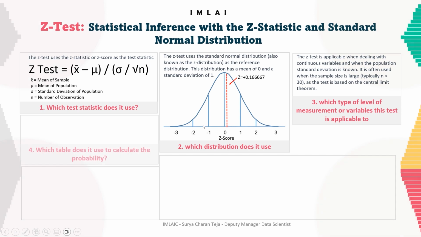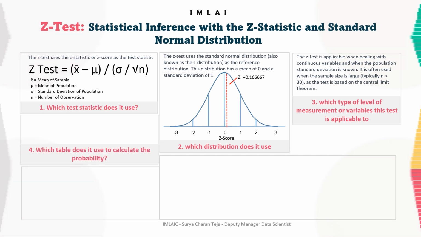The fourth question is, which table does it use to calculate the probability? Very important one. You got the z-score, so how do you calculate the probability of that happening? The z-test does not directly use a specific table to calculate the probabilities.